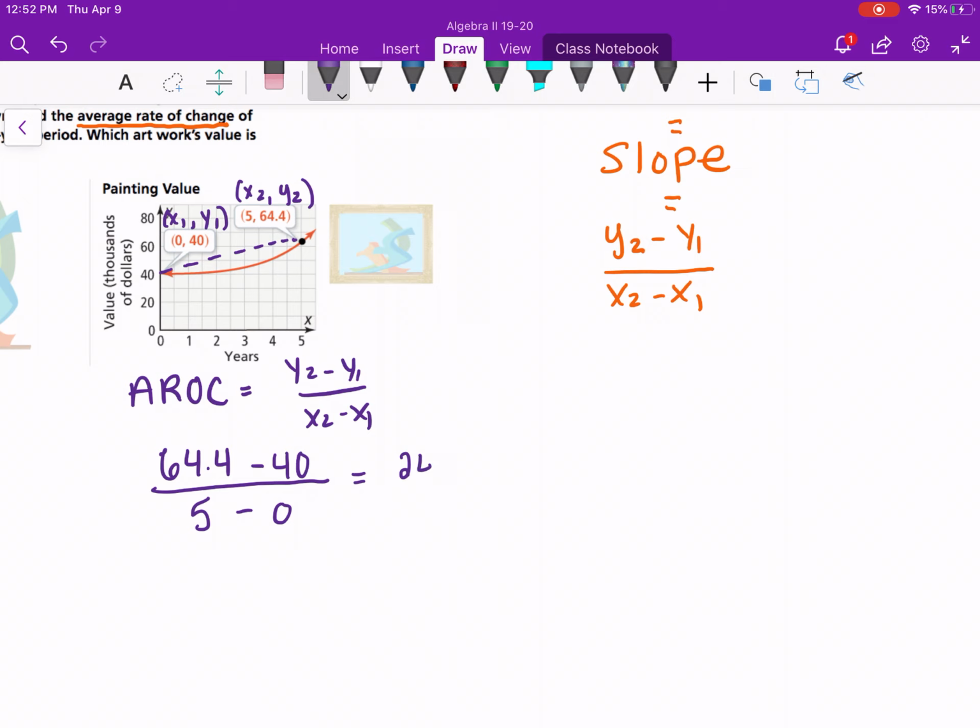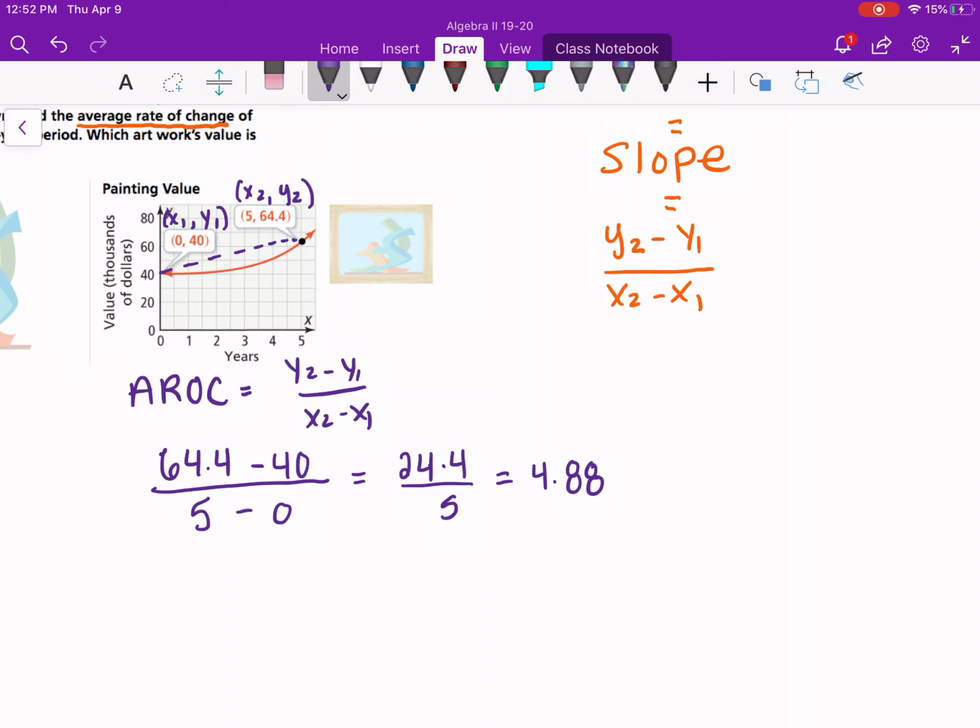That gives us 24.4 over 5, and then that simplifies to roughly 4.88. So that's it. That's as simple as it is if you have the 2 values as coordinates, okay?